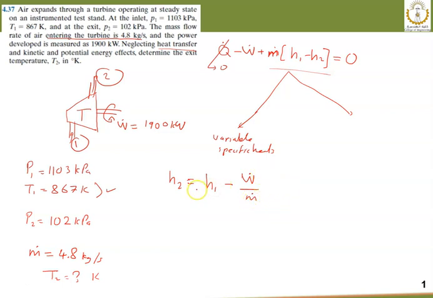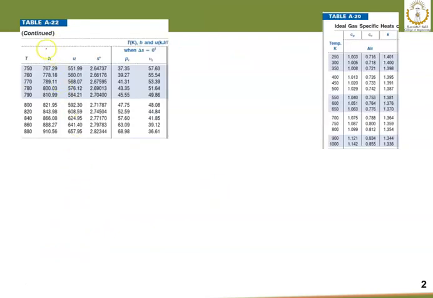We have the temperature of 867, so we go to table A-22 for ideal gas air, and 867 is somewhere between these two values, so we can do interpolation.